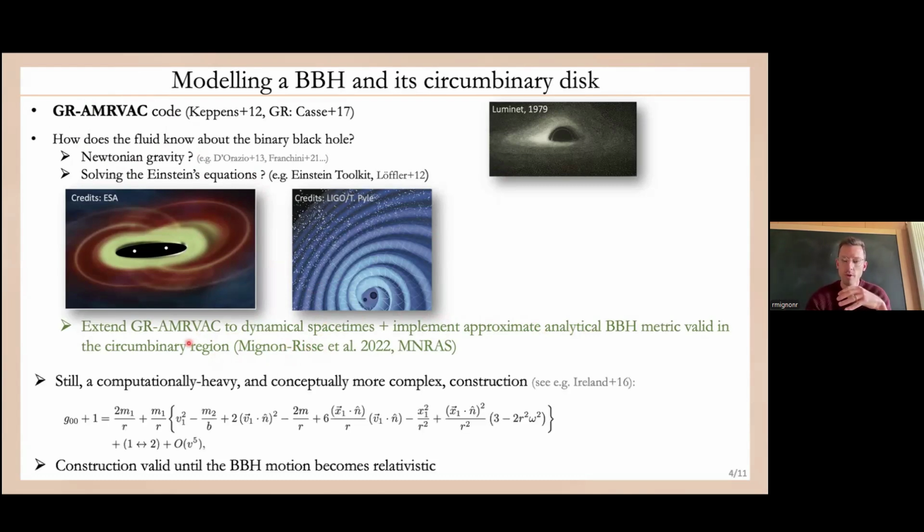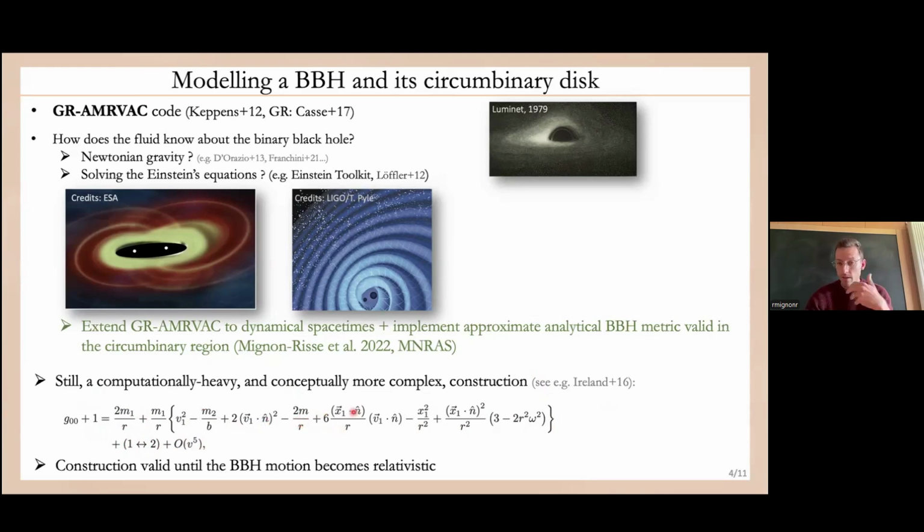And just to show you what it looks like, this is one component of the metric. And this is typically, if you take only the first term, that's what you would get with a Schwarzschild metric. And you can see that all the rest of the terms, this is for black hole 1, and the same is here for black hole 2. This is the additional complexity to model a binary and not a single black hole.